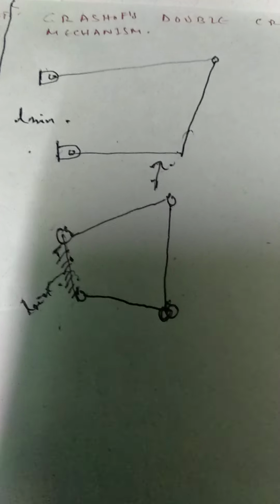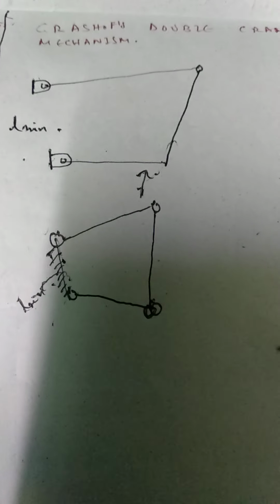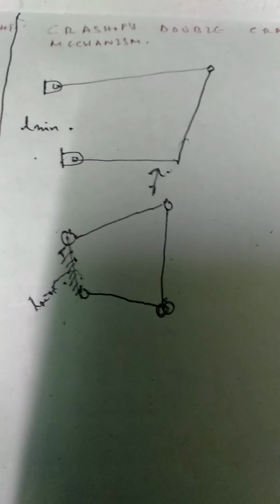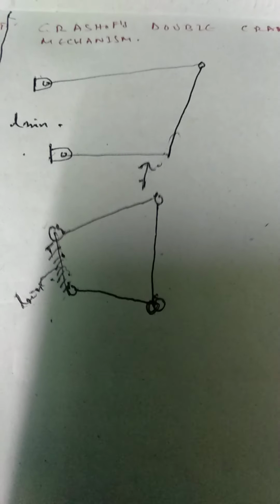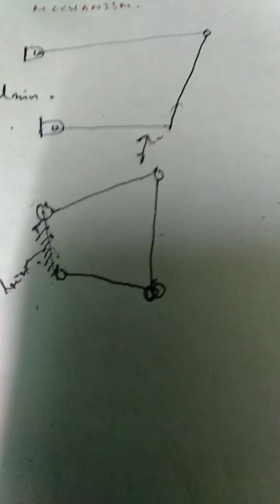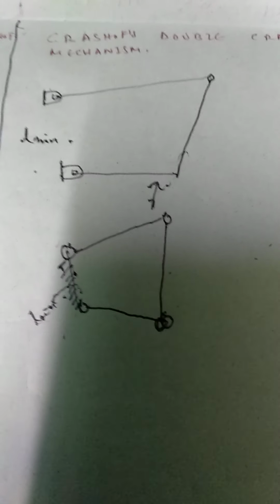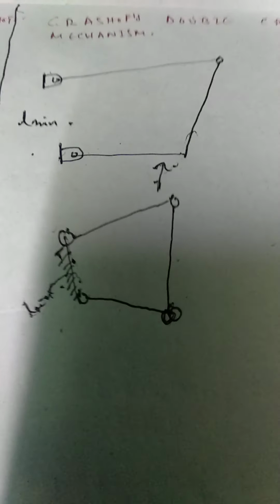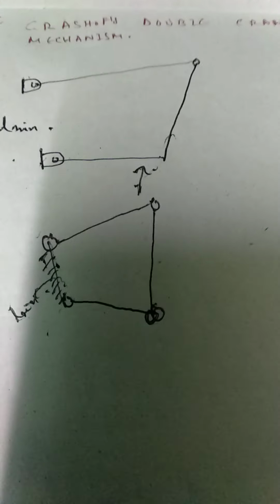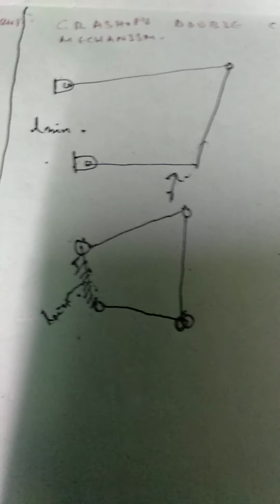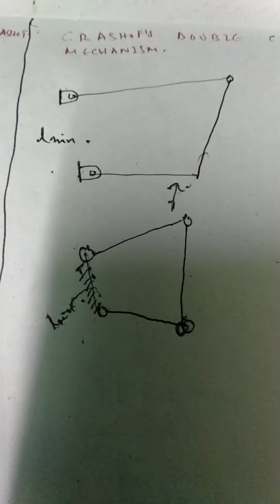So if we fix L min, all the other links will rotate completely with respect to the ground link. So this mechanism is known as the Grashof's double crank mechanism.